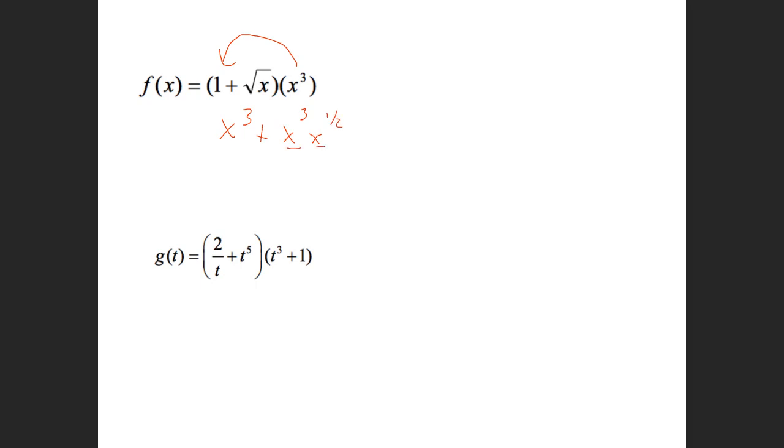If the bases are the same, we could just add our exponents together. So I'd end up with x to the third plus, what is that, 6/2, so 7/2, x to the 7/2. And then you could use the power rule on this. And you'd end up with 3x squared plus 7/2 x to the 5/2.